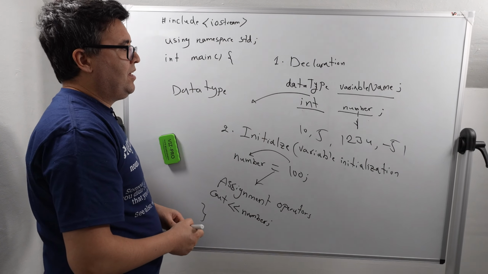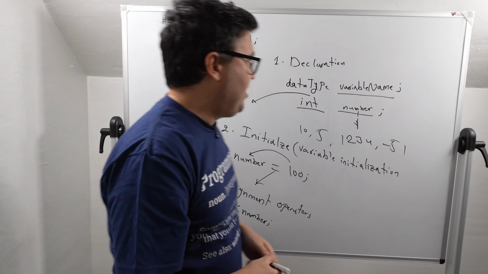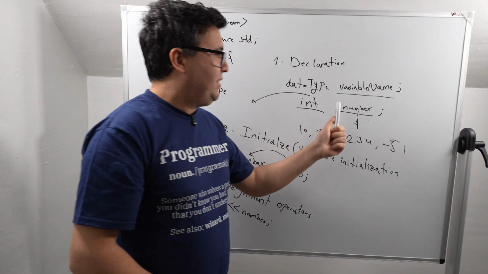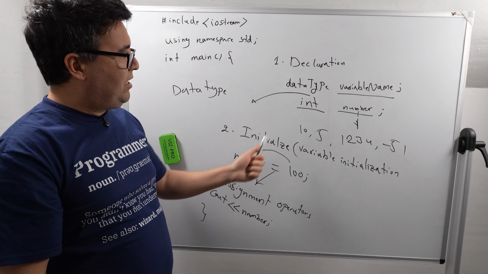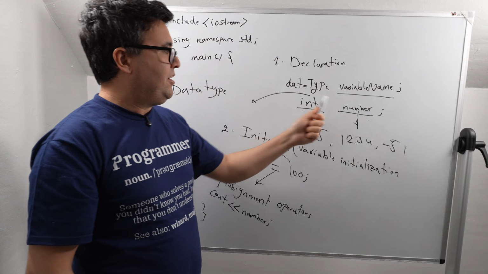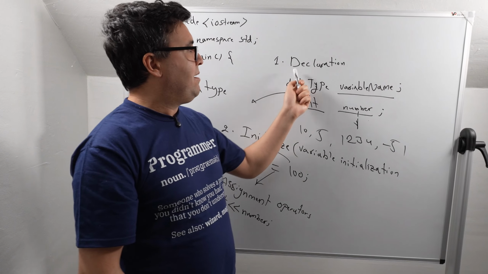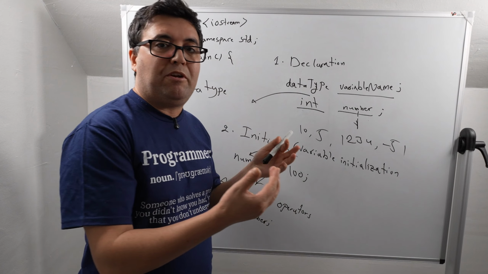When we want to use variables inside our programs, first we need to declare them. We first define the data type, then the name of the variable, then a semicolon. Here we declared a variable called number, the data type is integer, and a semicolon. It's called a variable declaration, where we introduce our variable in our program.